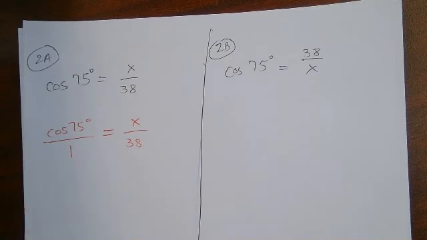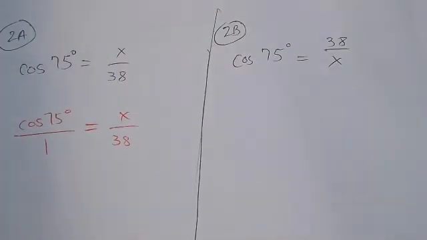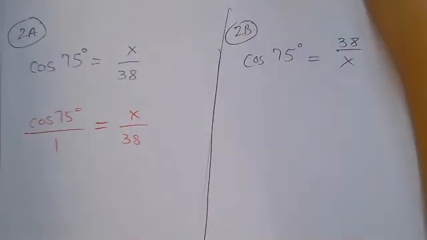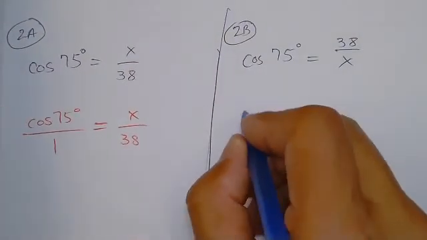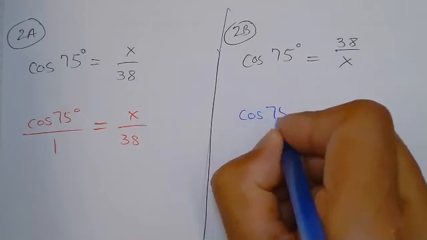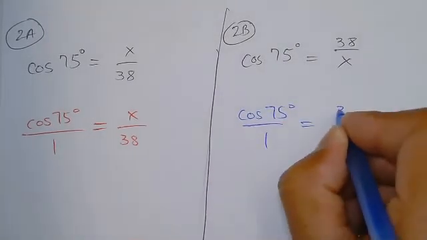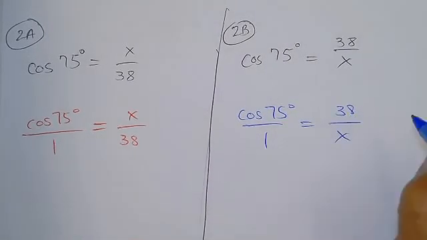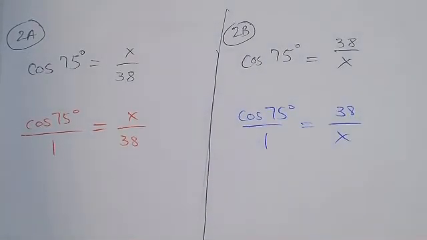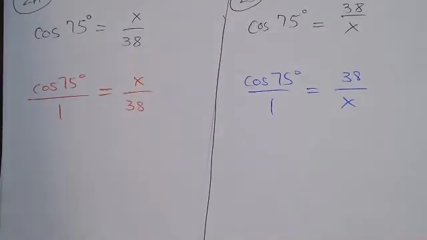First, write it as a proportion. Cosine of 75 over 1 is equal to x over 38, whereas this one is going to be cosine of 75 over 1 is equal to 38 over x. Yeah?